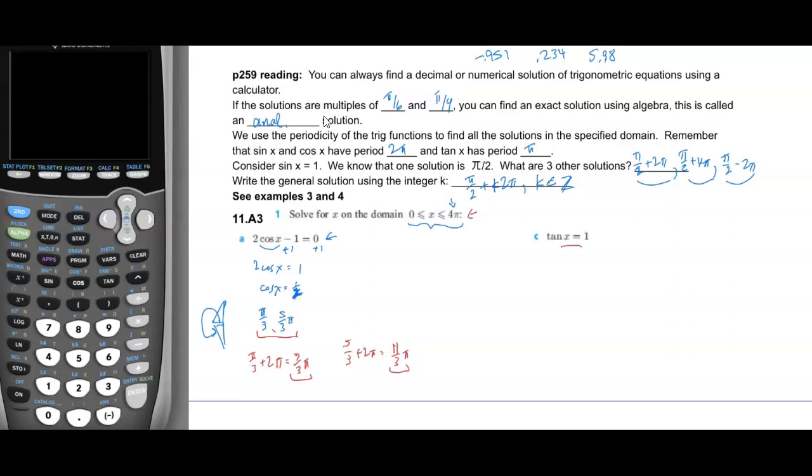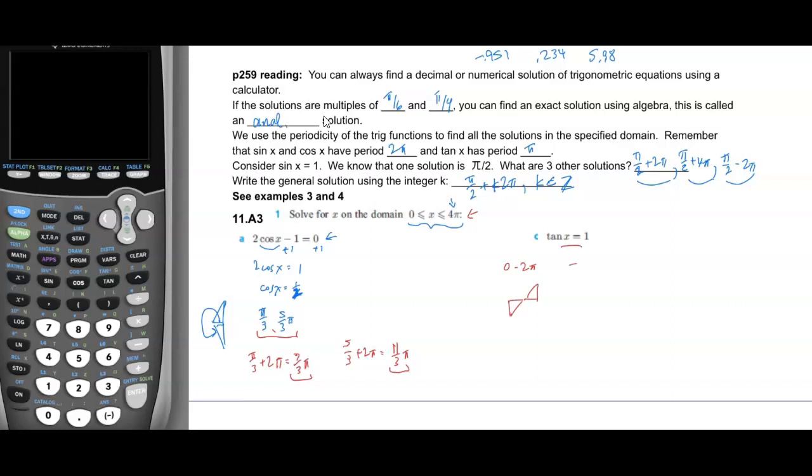This one here, tangent of x equals 1. Between 0 and 2 pi, tangent of x is equal to 1 a couple times, at 45 degrees and at 225 degrees.